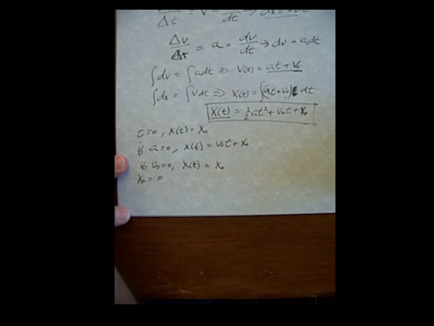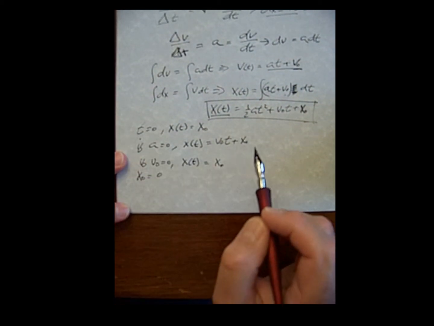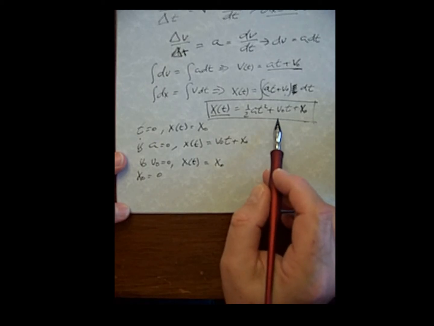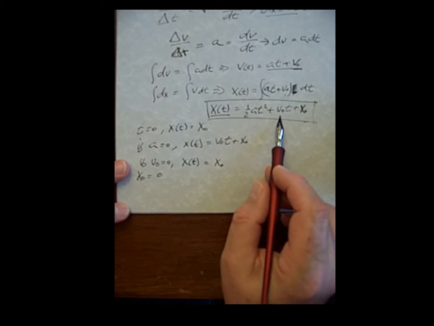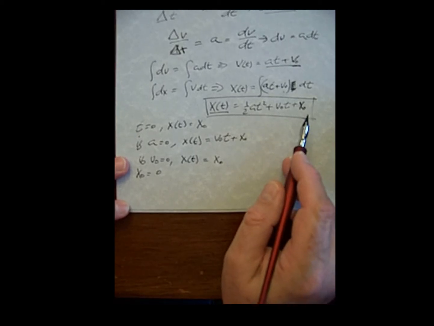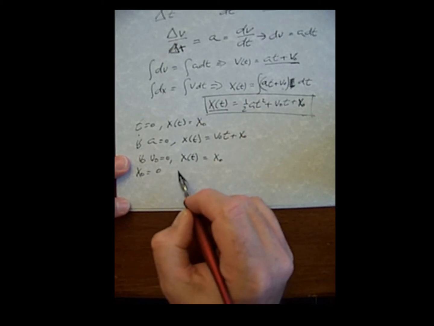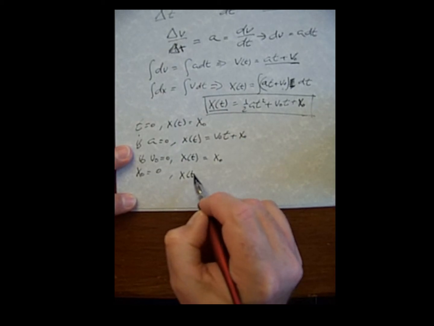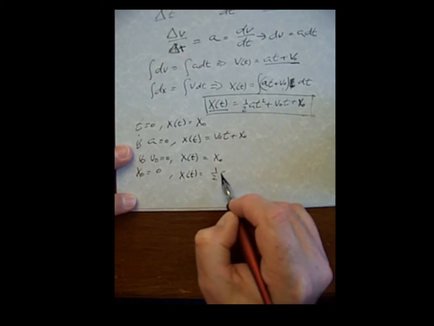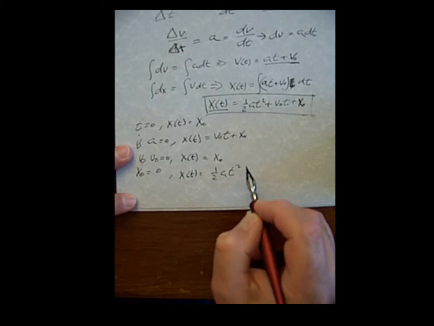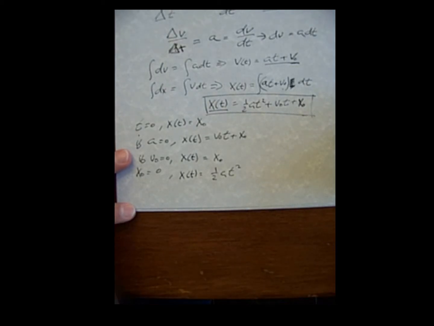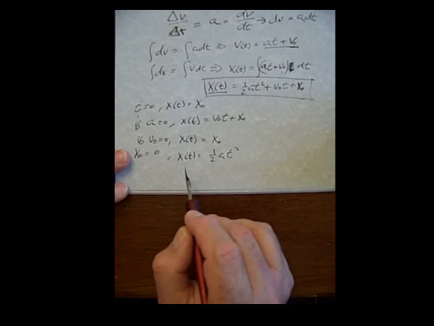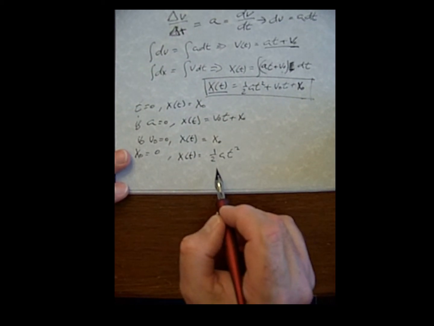Well, how do we make him move? He has no initial velocity. v0 is 0. x of 0 is 0. So if we look at this equation, then we end up with x of t equals 1/2 a t squared. So the thing that's going to move x is acceleration.